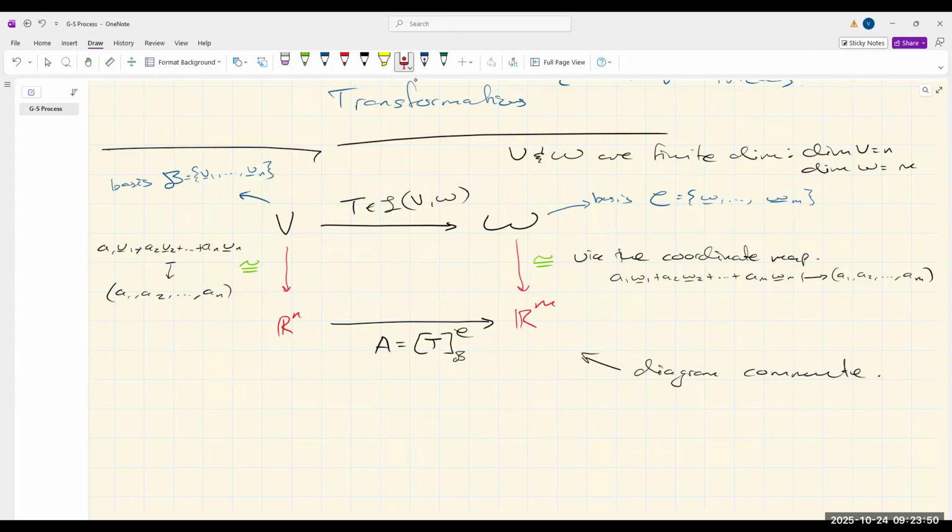So we start with this abstract vector space stuff. We bring everything down to just matrices and do matrix multiplication, row reduction, whatever. Do all our calculation here, and then we lift the answer back up to get the correct result.